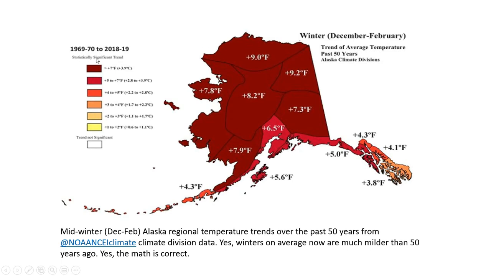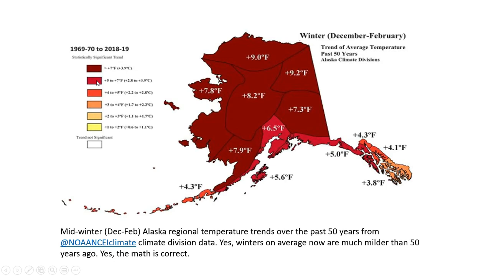Statistically significant trend. So this is basically over the last not quite 40 years. If there's white, the trend is not significant. Yellow, it's +1 to +2 degrees F, and so on. But really, with the exception of the Panhandle, where we got a little bit of light orange, and you have some darker orange, most of the state is red, or I guess, raspberry color.